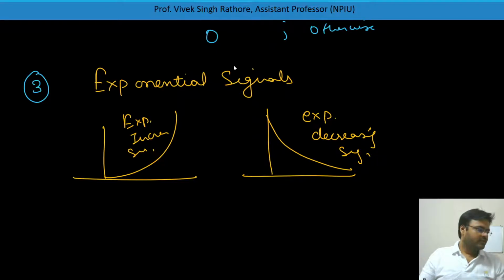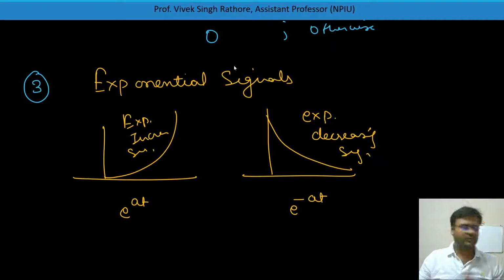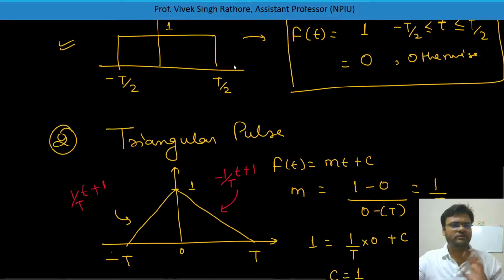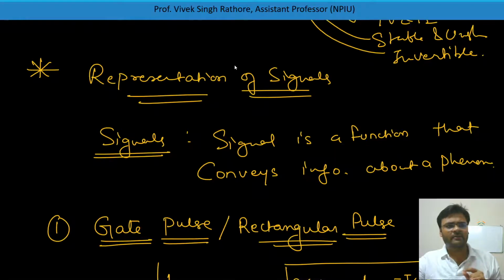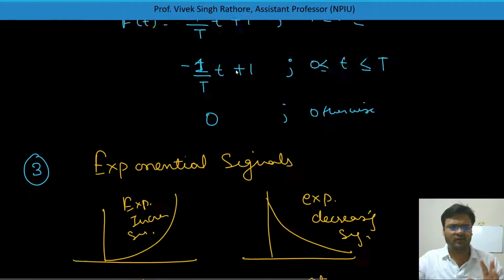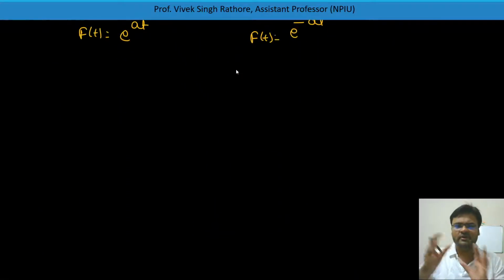This can be represented as e to the power at, and this can be represented as e to the power minus at. You can write this mathematical expression like this. In this topic we are seeing the representation of signals, and how we can represent these signals mathematically.